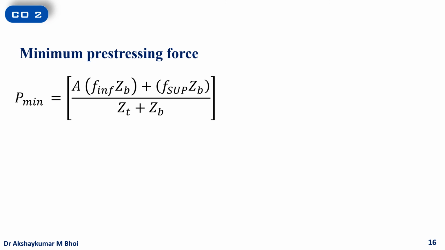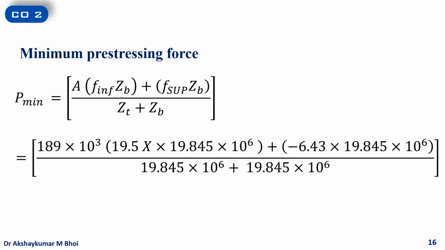So the minimum pre-stressing force P minimum is given as A into F inferior into ZB plus F superior into ZB divided by ZT plus ZB. If we put all the terms in the equation, we get the minimum pre-stressing force required equal to 1235.12 kilonewton.